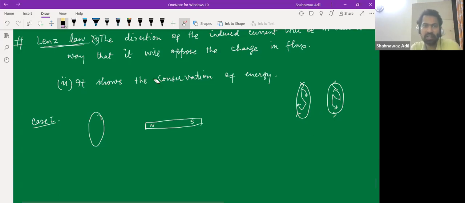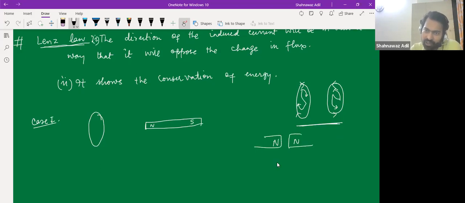Is this part clear, guys? We already know that north pole and north pole repel each other, and north pole and south pole attract each other, right? Okay. So Lenz's law will tell you in which direction the current will be.